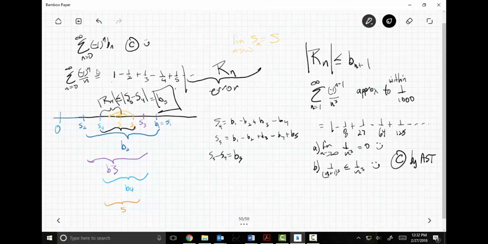However, now I know it converges. I want to approximate it to within 1/1000th. So how far out would I have to go? Now I'm going to think about this for just a sec. How would I do that? Well, I know that the absolute value of r sub n is less than or equal to 1 over n plus 1 cubed.